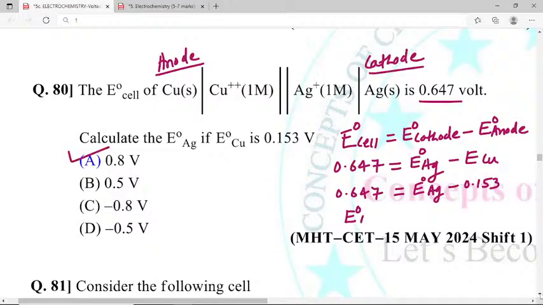E naught silver is 0.647 plus 0.153, please solve, we get 0.8 volt. Get it? Next question.